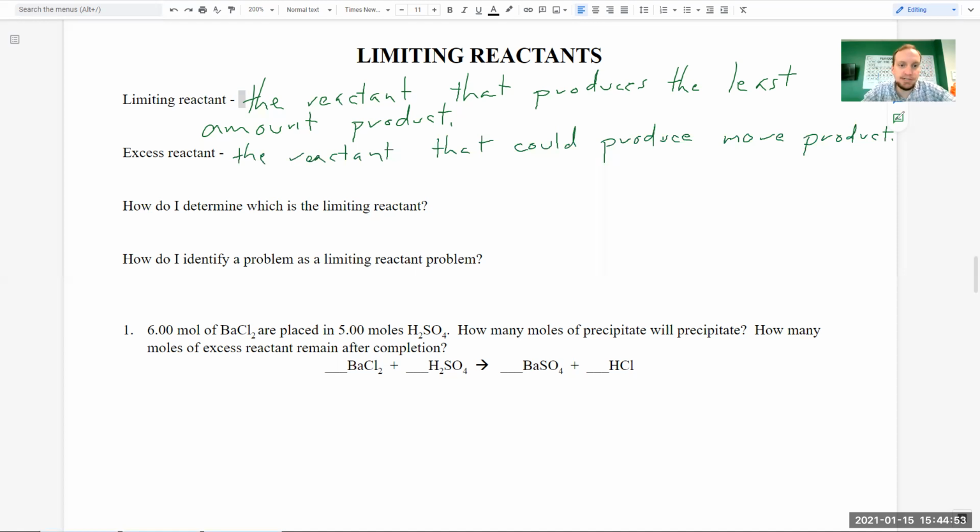So how do I determine which is a limiting reactant? We're going to have to do two different calculations. They're going to start from different points, but we're going to solve for the same product. We're going to compare to see which one would make the least amount of product.